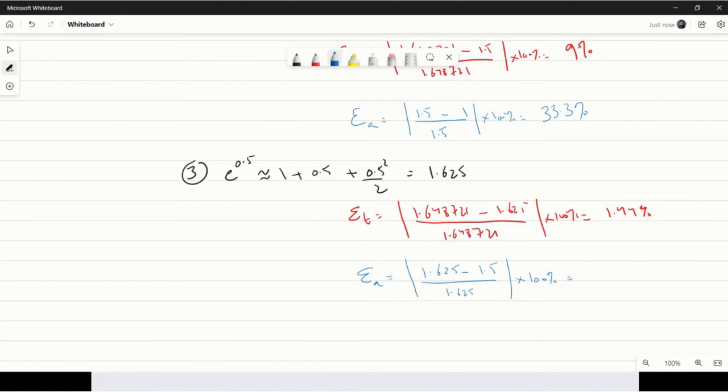And that comes out to be 7.69%. Of course, 7.69 is still much bigger than 0.05% error, so we have to continue with more iterations.